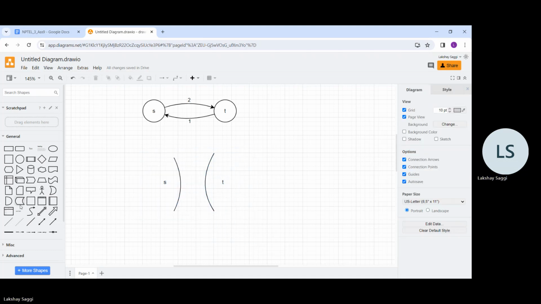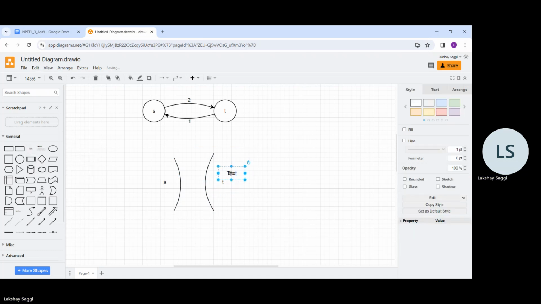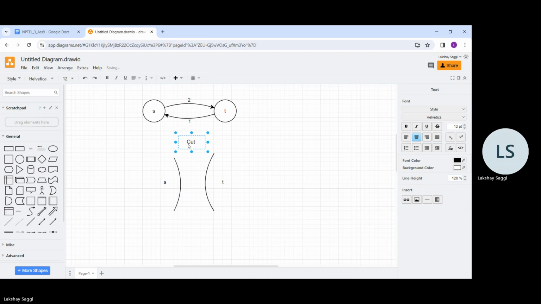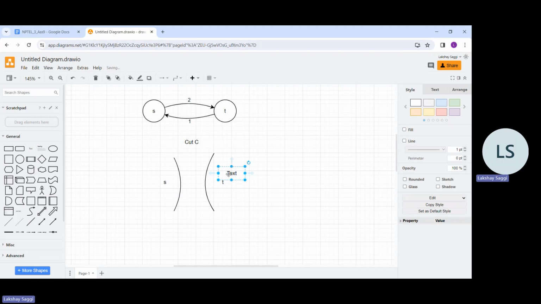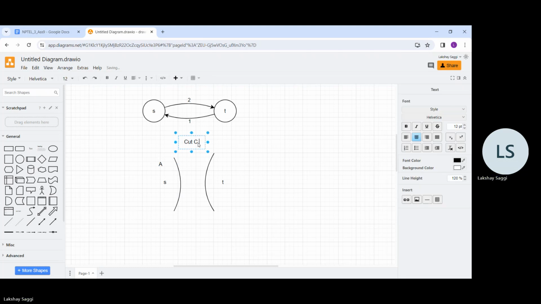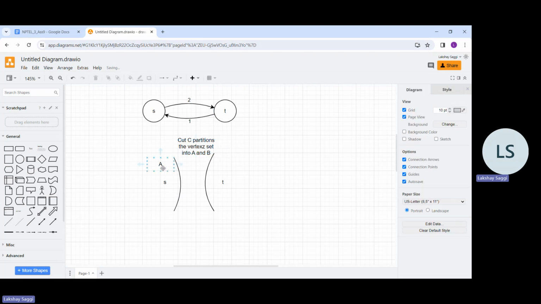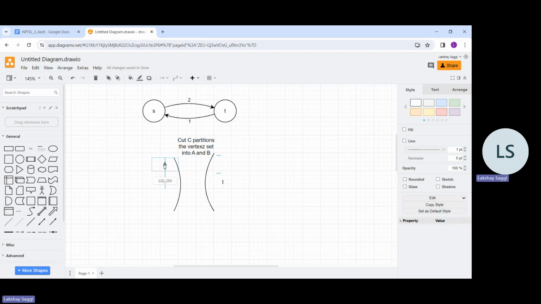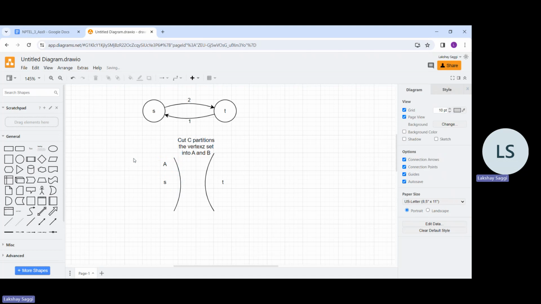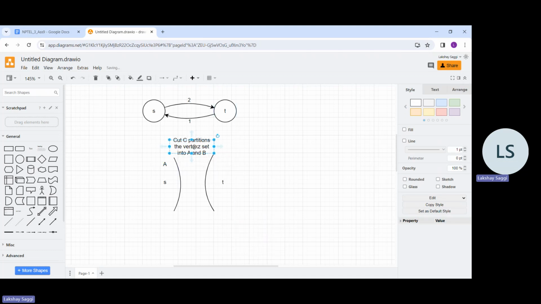So, cut C, and here is a set of vertices, let's say A. This has been discussed in the lectures, that every cut partitions the vertex set into two sets. A min cut partitions the vertex set into two sets, because deleting some edges makes some component disconnected, and so the disconnected components become two sets.